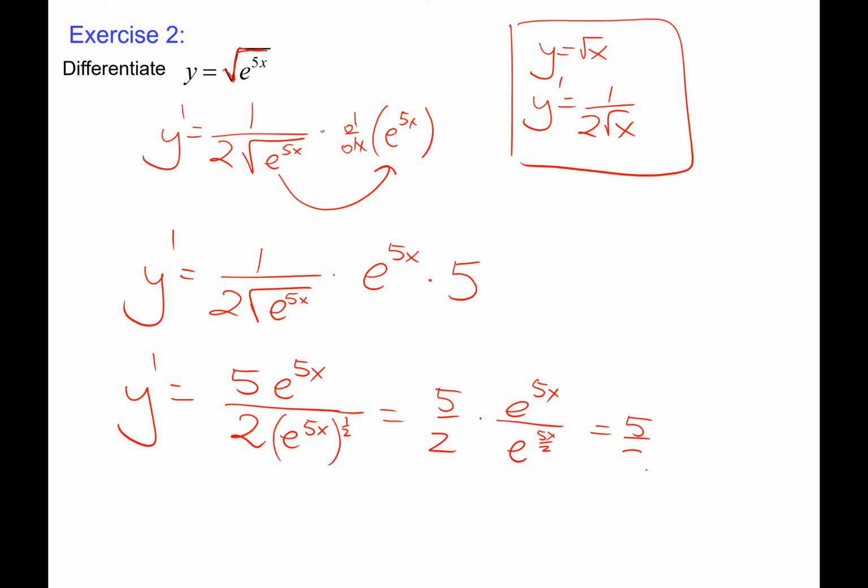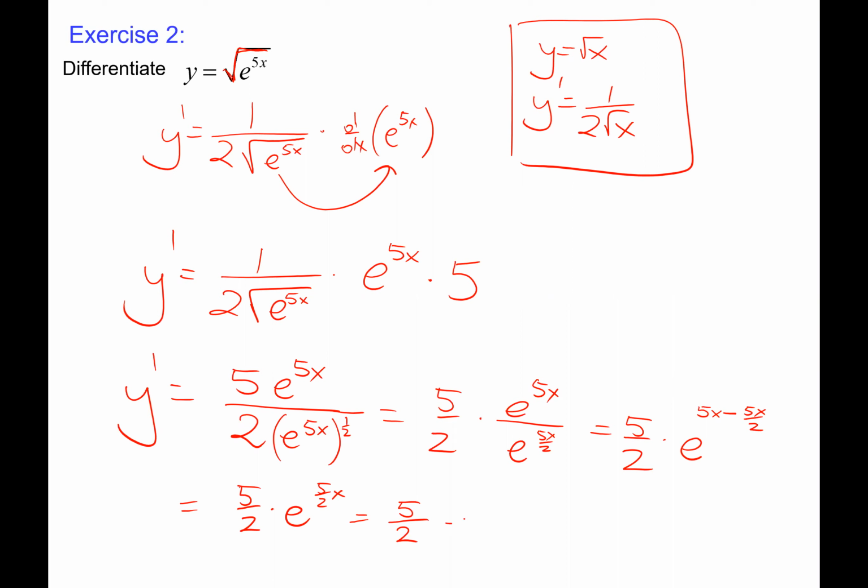I'm just trying to use the algebra. When we have the same base and we're dividing, we can subtract the exponents: 5x minus 5x over 2, and we will get 5 over 2, because this is 5 and this is 2.5.